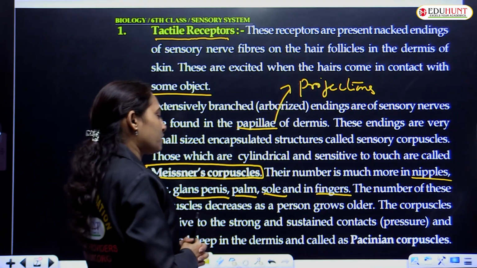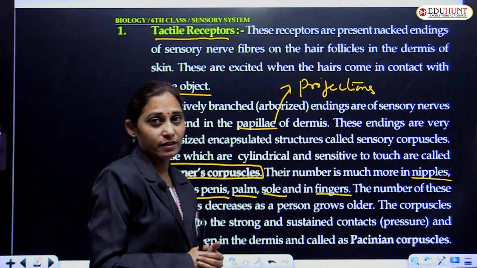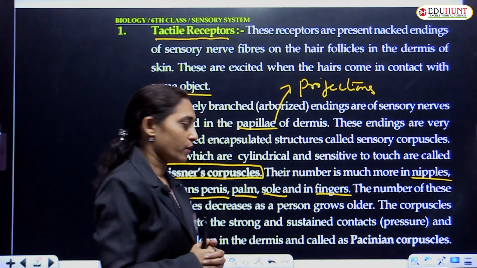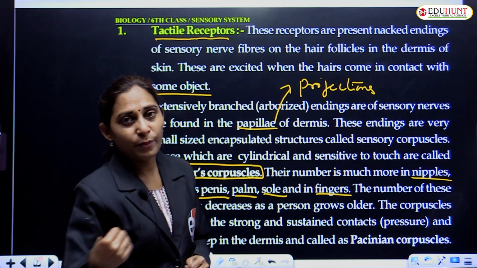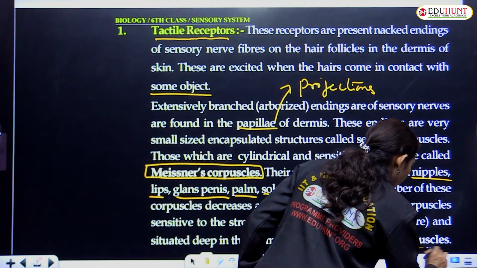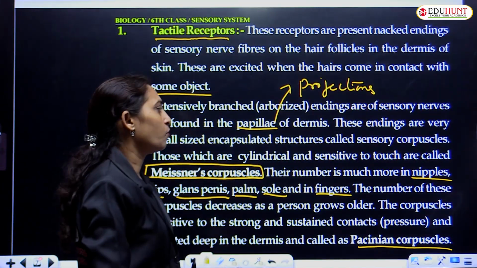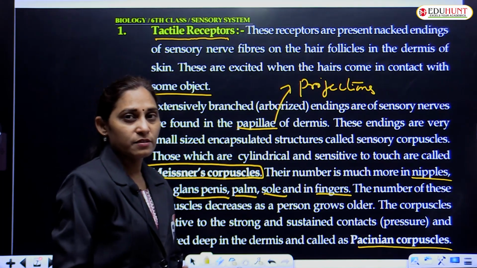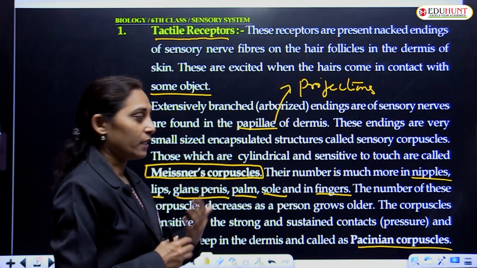These corpuscles are sensitive to strong and sustained contacts like pressure, and these are situated in the deeper dermal regions and they are called Pacinian corpuscles. Indaka Meissner's corpuscles annamu. Meissner's corpuscles are the sensory receptors of touch.